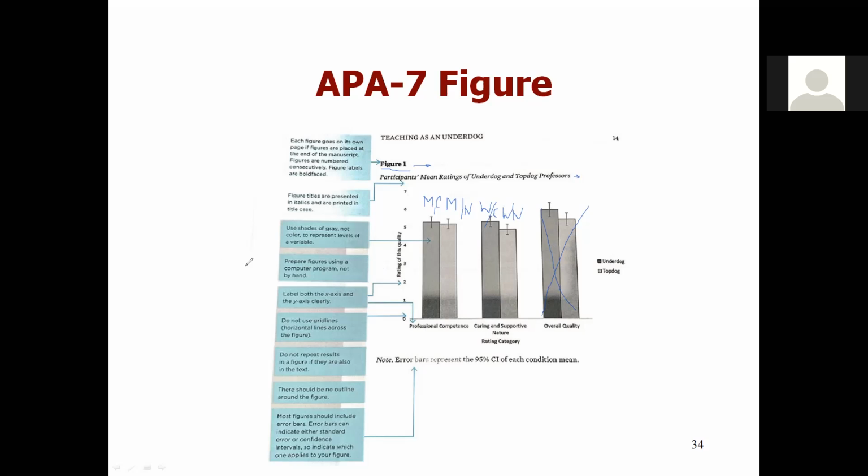I'm asking you to prepare your figure in Excel or any other program that has to do with spreadsheets, and I'll show you how to do that, not by hand, because we don't use handwriting anymore.